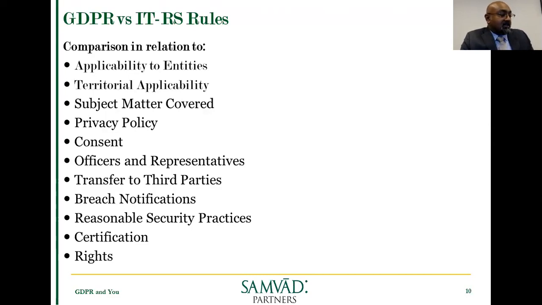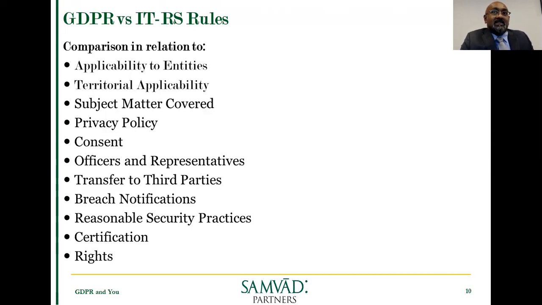Okay. The GDPR, on the other hand, does not cover the concept of privacy policy in any one provision. On the other hand, an entire chapter of the GDPR is devoted to transparency and its modalities. Okay, Chapter 3, Section 1, essentially.